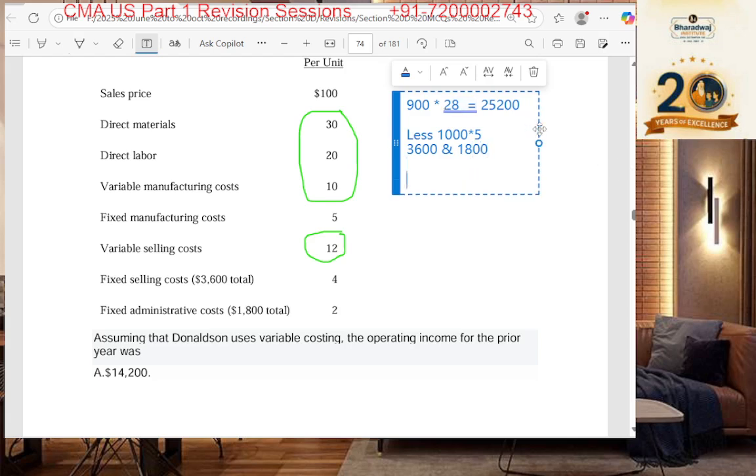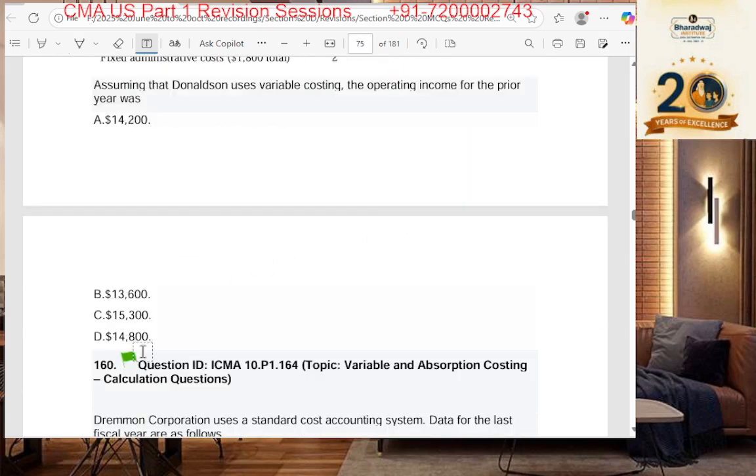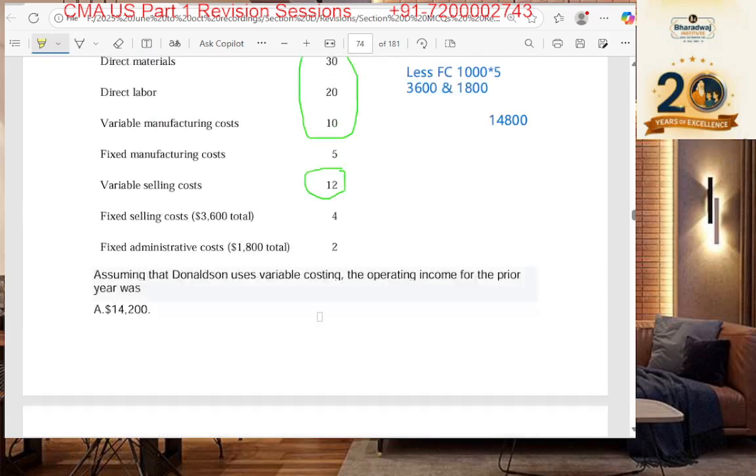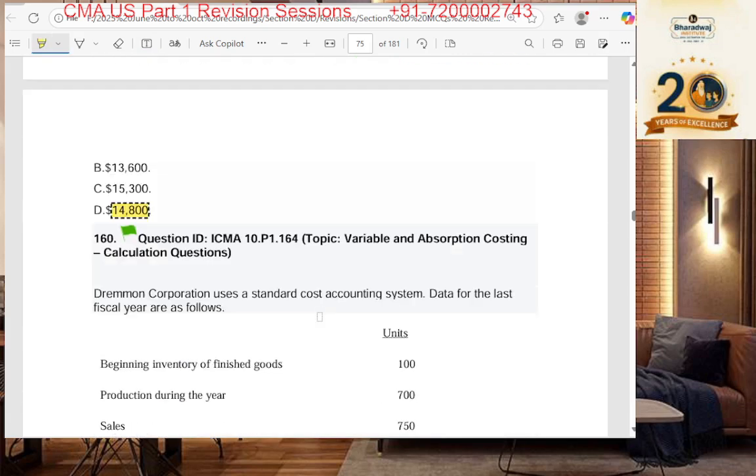Less fixed cost: fixed manufacturing cost, selling cost, and administration cost. Your operating income is how much? 14,800. What is the correct option? 14,800. Yes, sir.